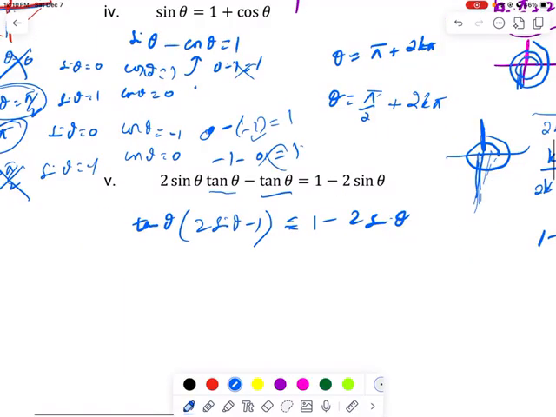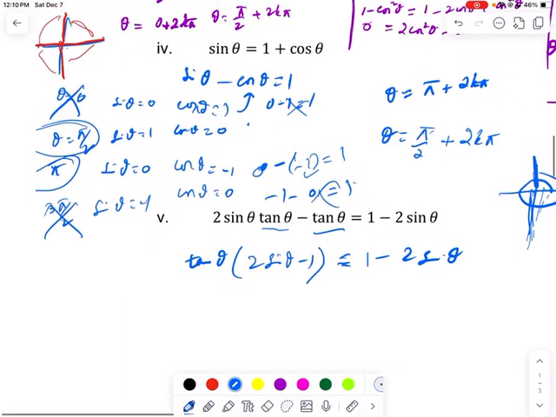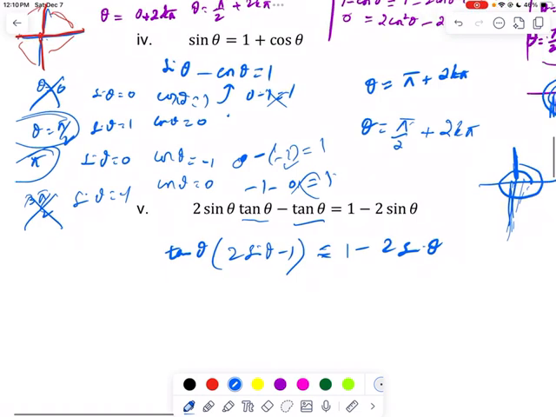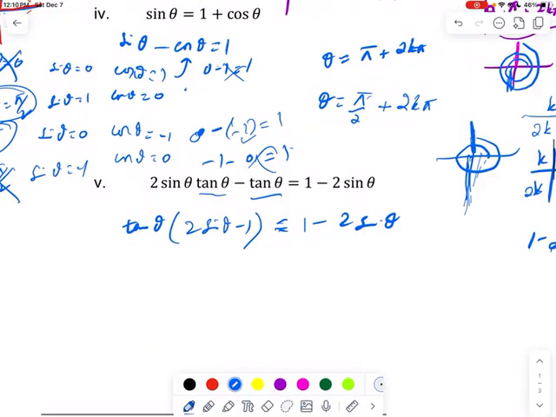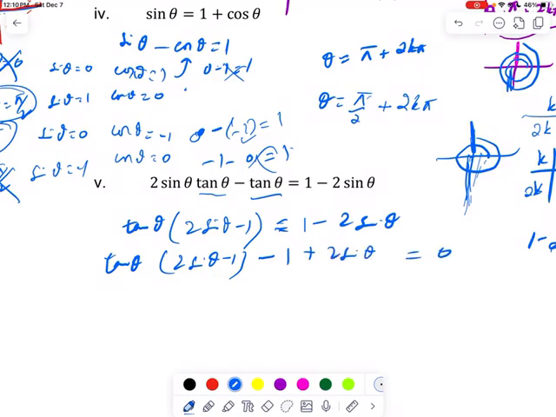I will keep the left hand side as it is, tangent of theta times 2 sine theta minus 1, so I will have 0 on the other side.